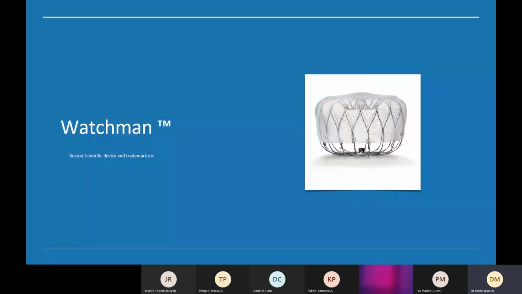All right, so what is WATCHMAN? WATCHMAN, as you can see in this picture here, is a metal strut covered with a fabric. Of course, this is all medical grade.